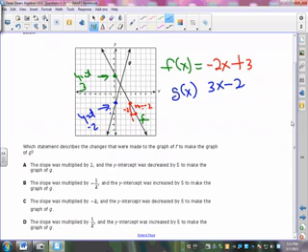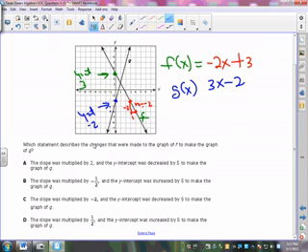If we look at these choices, the slope of f was multiplied by 2. I don't think so. I'm going back and looking at g again. I'm thinking 1, 2, 3, 4 over 1.